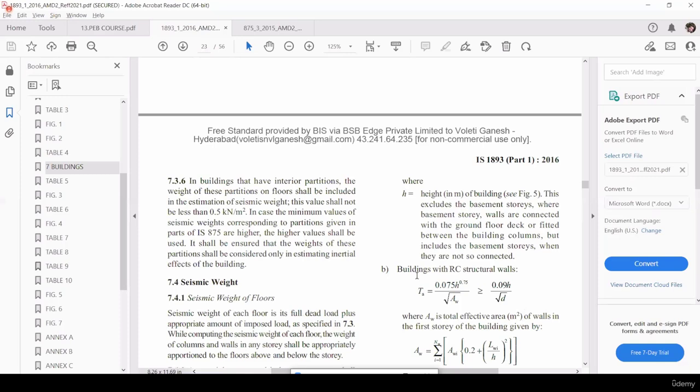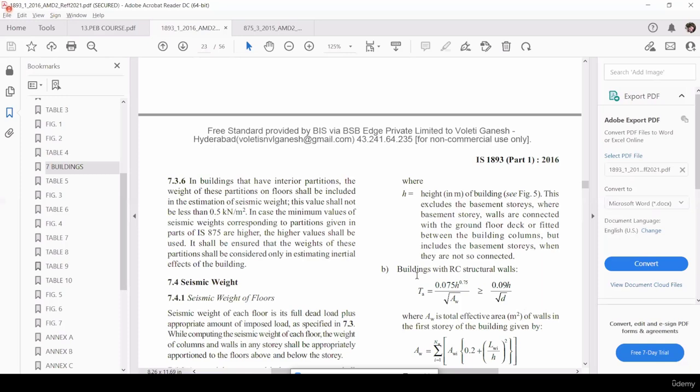Here you have seen Sa/g for different types of time periods, right? For using the equivalent static method, generally we follow this method only in PEBs. The customer should mention the soil condition at the site. Otherwise, if he did not mention anything about the soil condition in the request form, on an average we will take medium stiff soil.